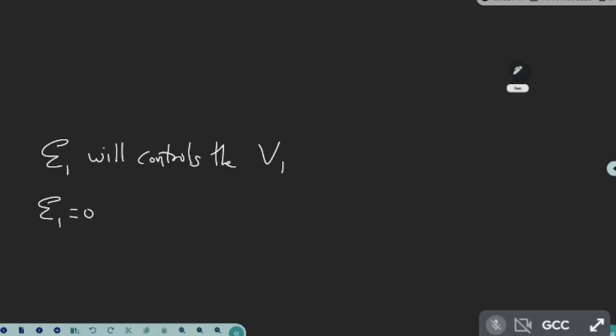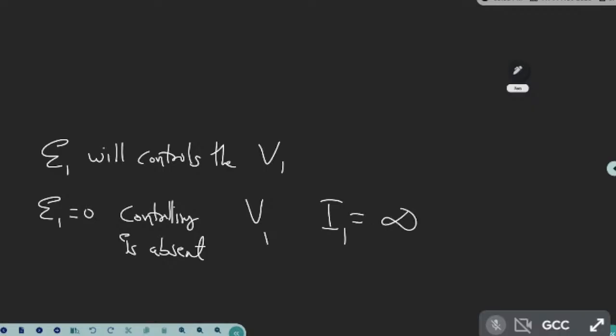There is no controlling. If there is no control, what happens? This primary current will go to infinity, because there is no control.